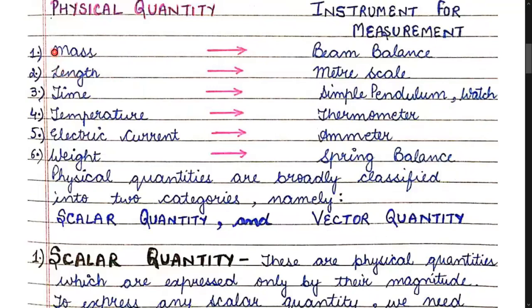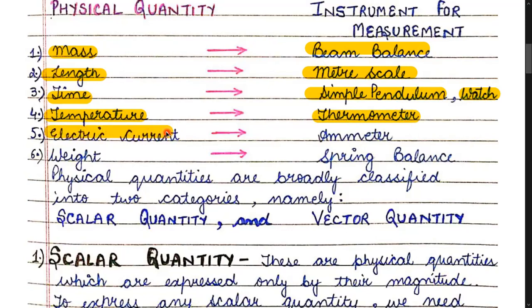Children, mass is measured using a beam balance. Length is measured using a meter scale. Time is measured using a simple pendulum or a watch, while temperature is measured using a thermometer.